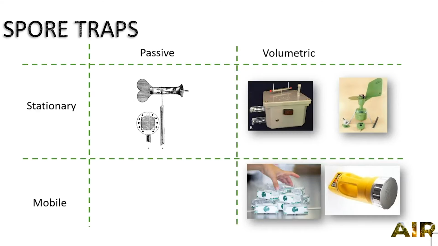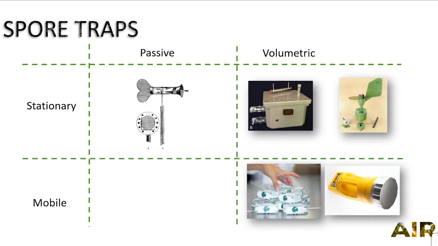The spore trapping devices are divided into different categories depending on how they operate. There are a number of trapping designs in each category, each with their own specific pros and cons. Here I just represented a few that are perhaps the most used or most recognizable.